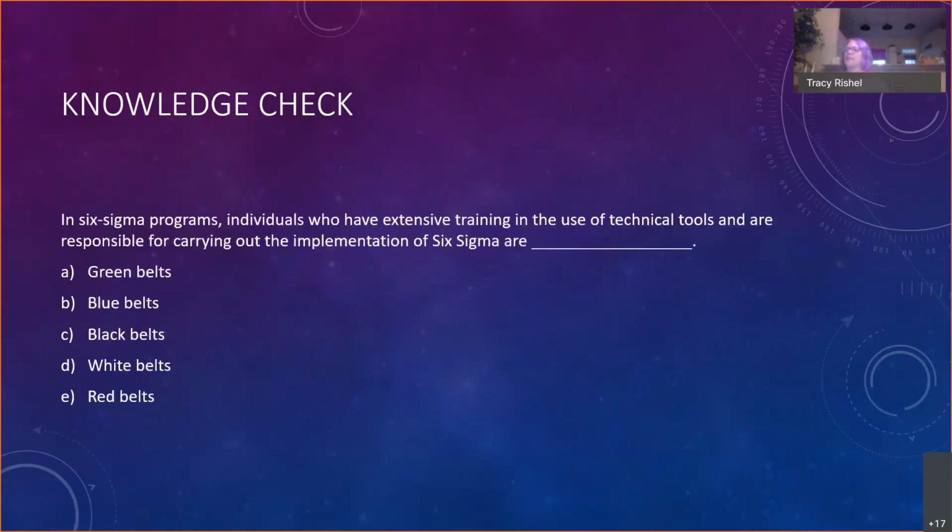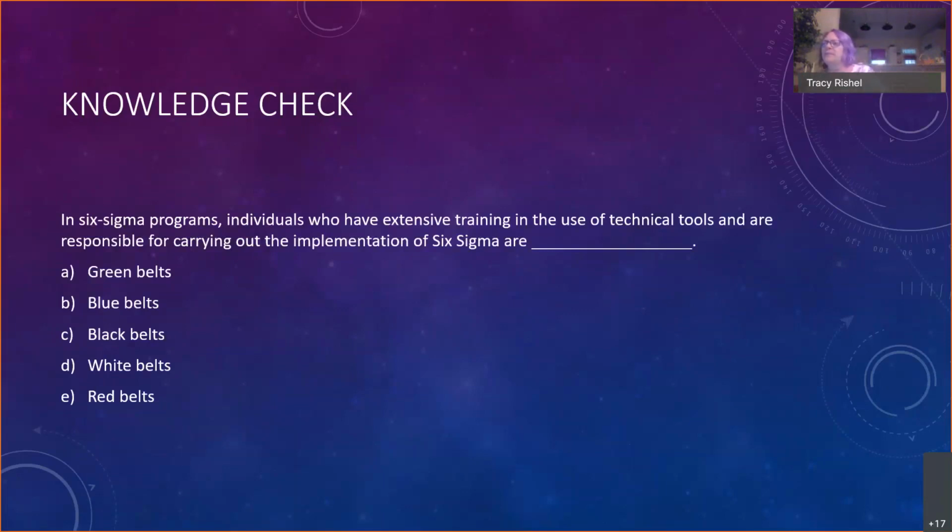Next, knowledge check. In 6 Sigma programs, individuals who have extensive training in the use of technical tools and are responsible for carrying out the implementation of 6 Sigma are: A, green belts, B, blue belts, C, black belts, D, white belts, or E, red belts.